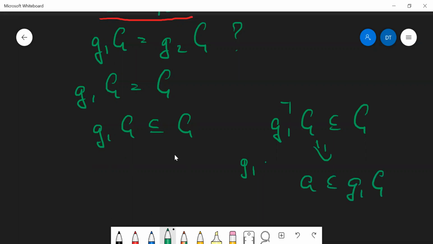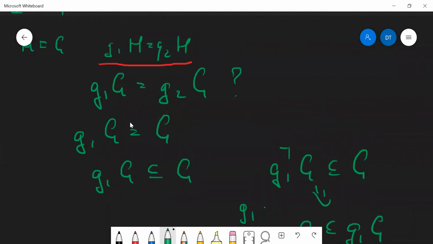So that's why you have these two inclusions. This simply means that when you multiply all possible elements of a group by one fixed element, you will get all possible elements of a group. So you just permute the elements of the group G by multiplying by one specific element. So if your subgroup is the whole group, then every coset is exactly the whole group. Andrei, is it clear?